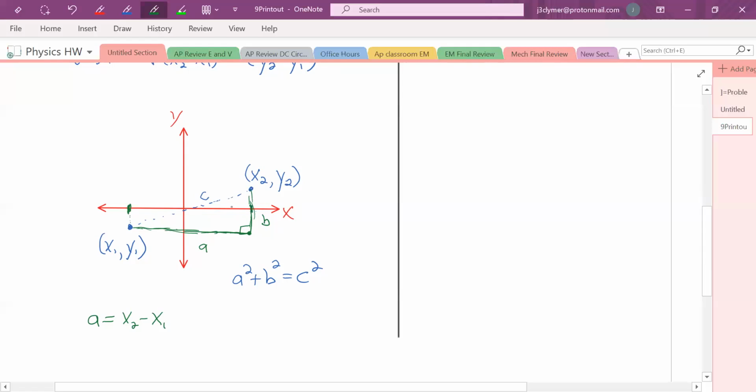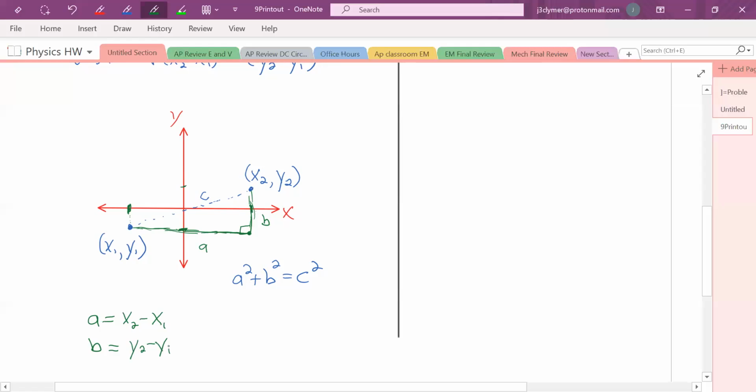But the distance between here and here is going to be the length of A. In a similar way, B, the other leg of this right triangle, is going to be the difference between y2, which is going to be somewhere on this y-axis, and y1, which is going to be right here. So the difference between here and here is the length of B. So it's y2 minus y1.